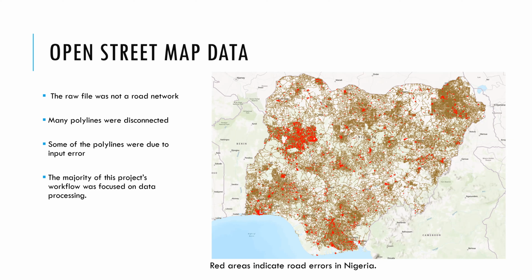A lot of the roads were mistakes and input errors, and some of them were disconnected. Most of this was figuring out how to create a road network from this. And in the picture, all those red dots are road errors that I had to fix.